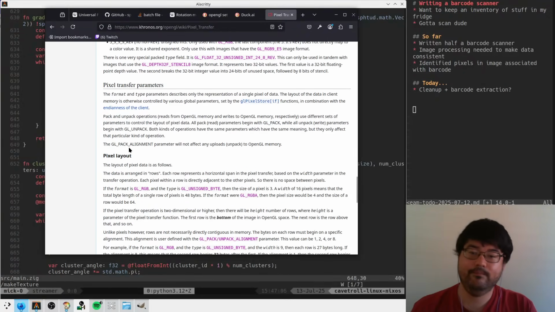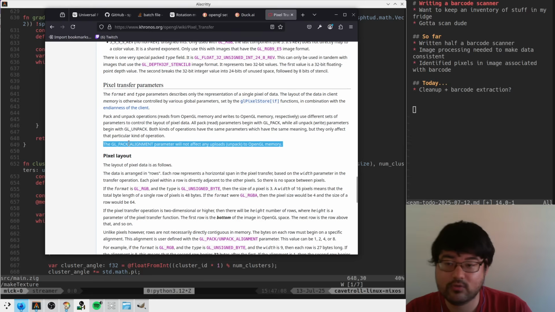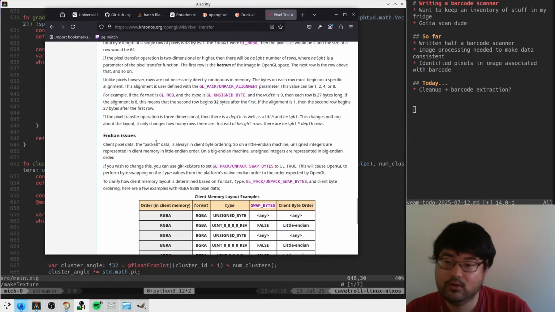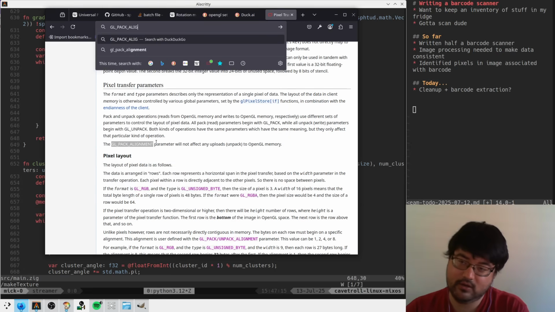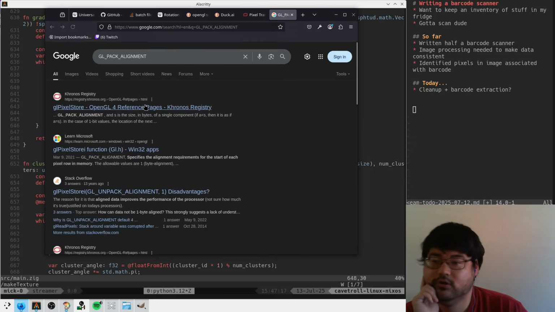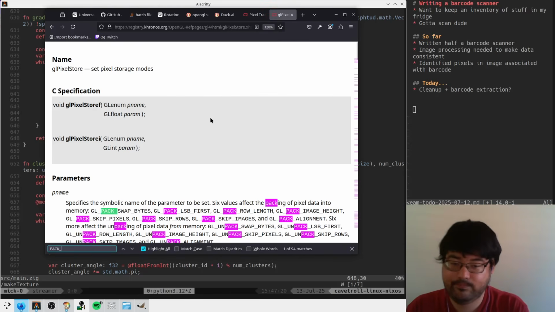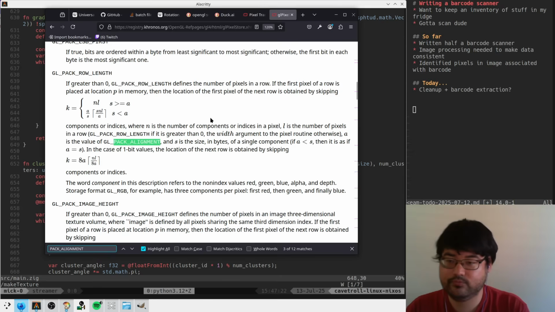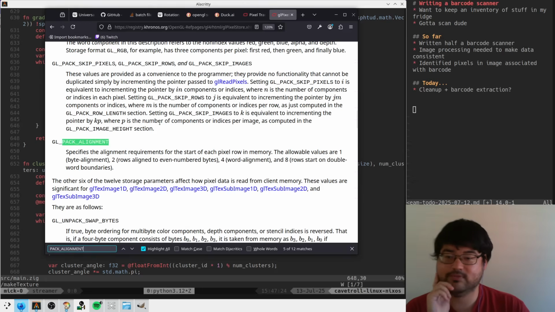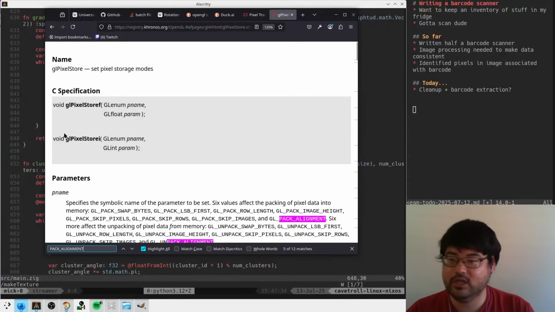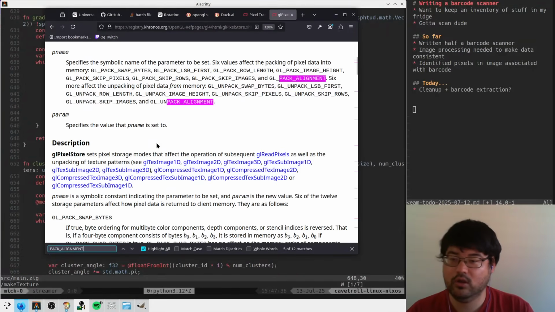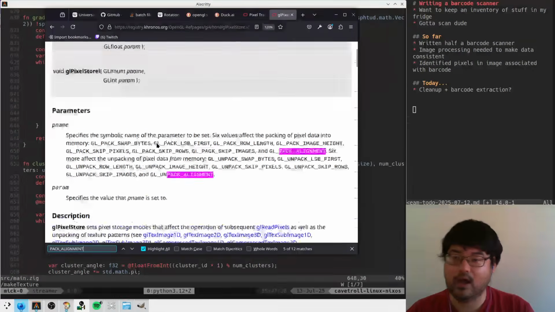Pixel pack alignment, I think, is what I'm looking for. Pack alignment specifies the alignment requirements for the start of each pixel row in memory. The available values are 1, 2, 4, and 8. How do I set this? glPixelStorei, I assume?